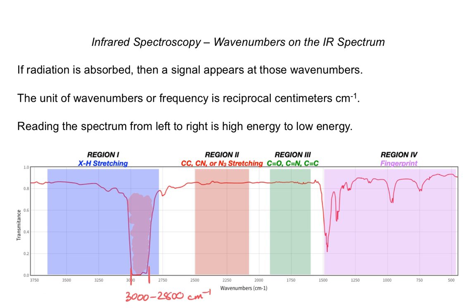So sometimes the data will be reported as a span of numbers. Sometimes it's just reported as a single number with the greatest absorbance. And then again, this fingerprint region, that gets pretty complicated below 1,500, so we primarily just ignore it.